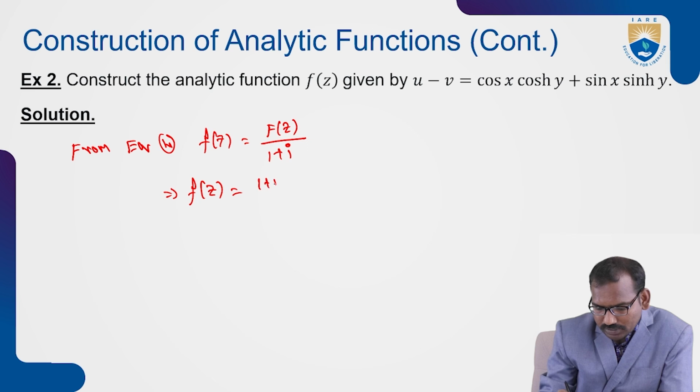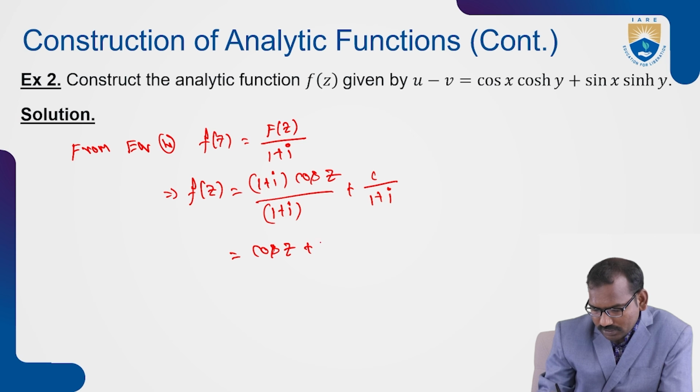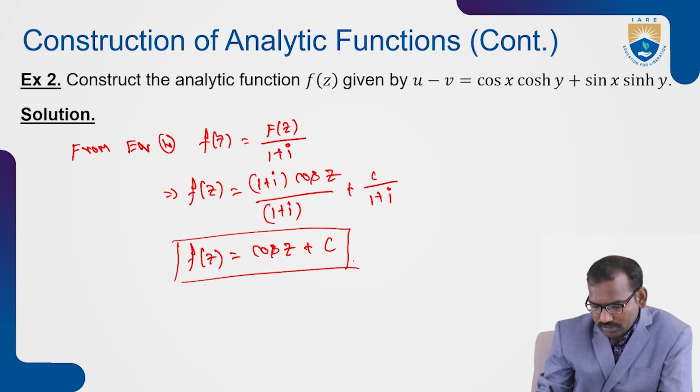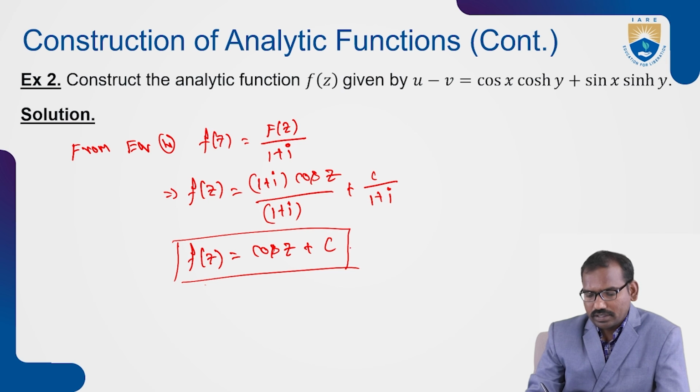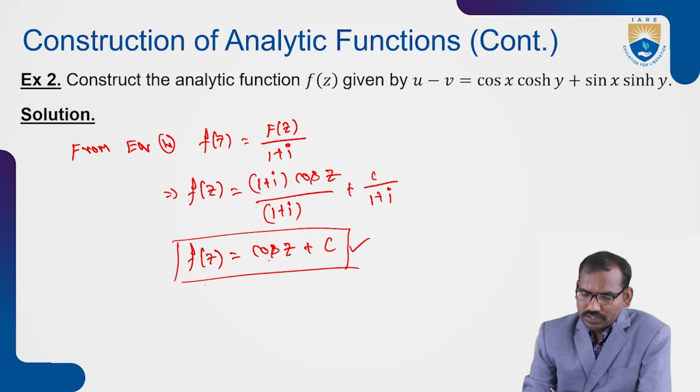Here it is 1 plus I times cosine z upon 1 plus I, plus C by 1 plus I, because C is an arbitrary constant. That's why we can write cos z plus capital C, which is small f of z. Okay, this is the required analytic function whose difference of real and imaginary part is this function.